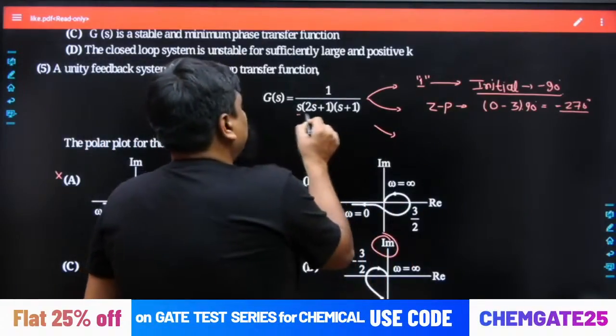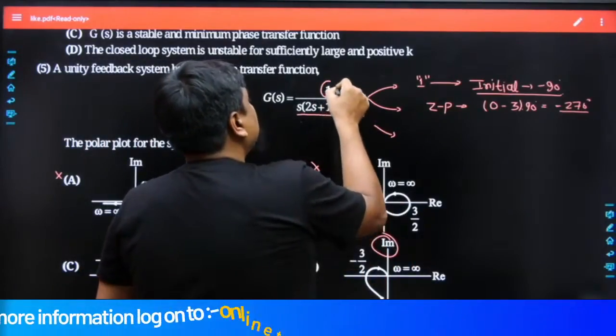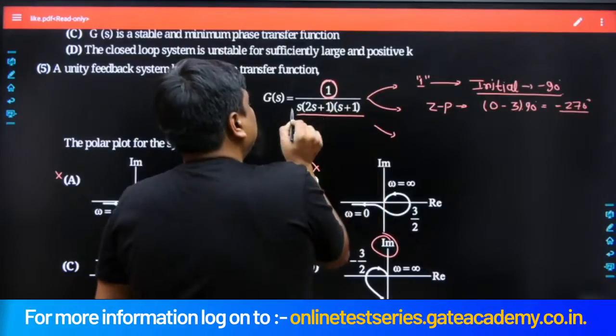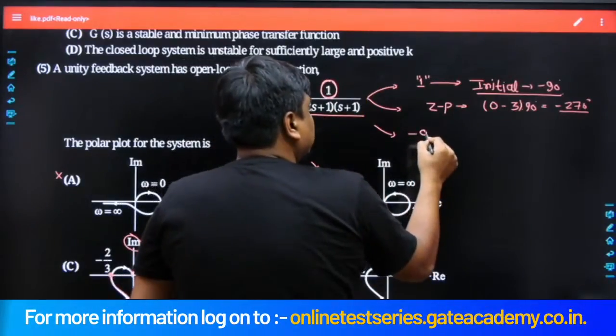Just focus on the angle offered by this system. There would not be any angle introduced by the numerator. Because of S, there would be the introduction of minus 90.